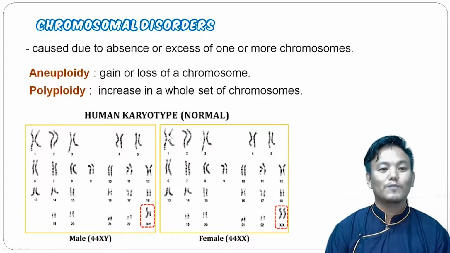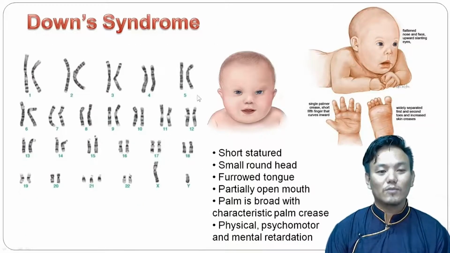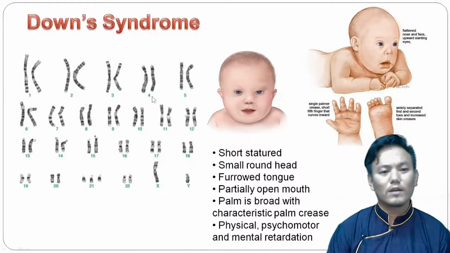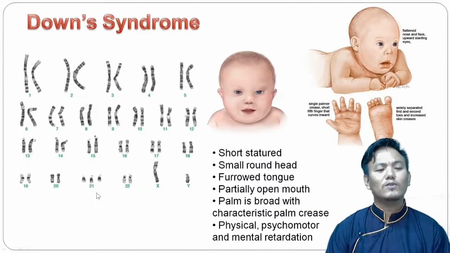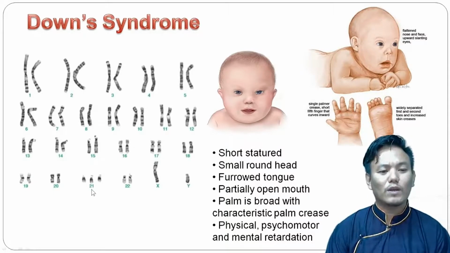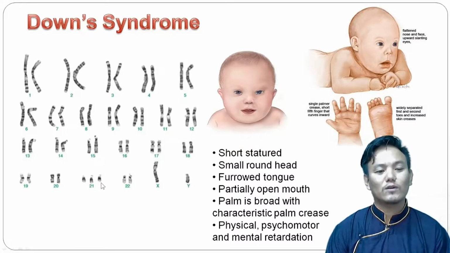In Down syndrome, you can see that at chromosome number 21, there is one extra chromosome. So there is one extra chromosome 21 over here. Therefore, this is also called trisomy 21.